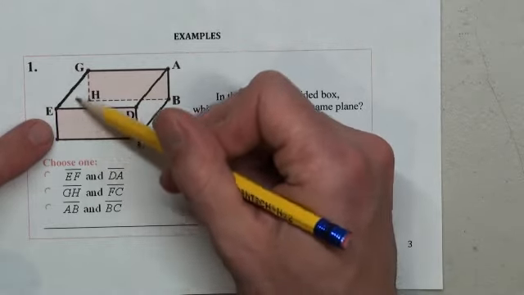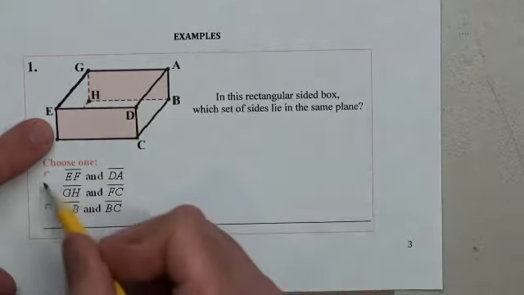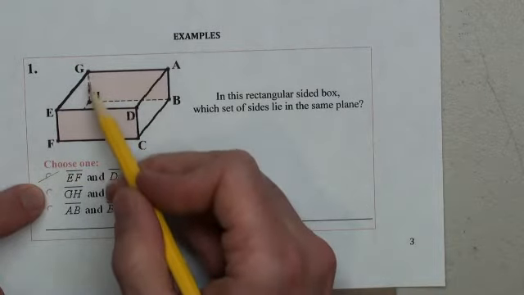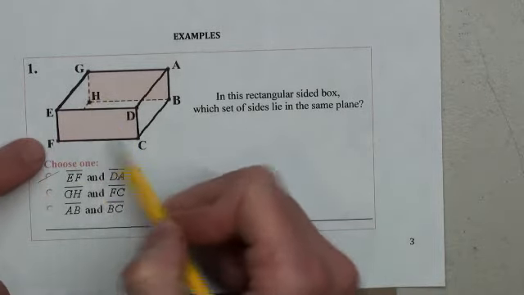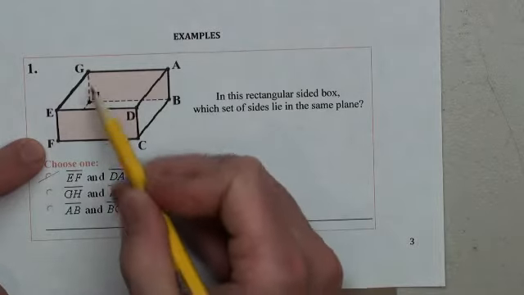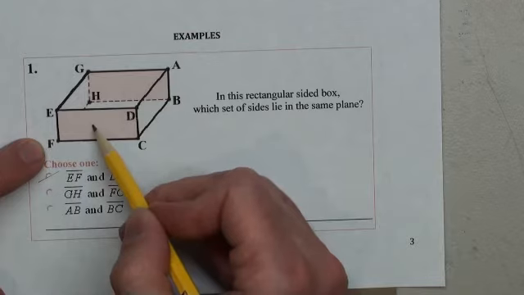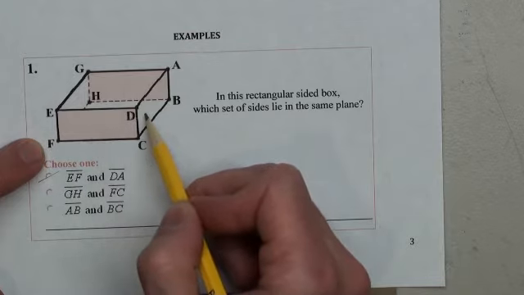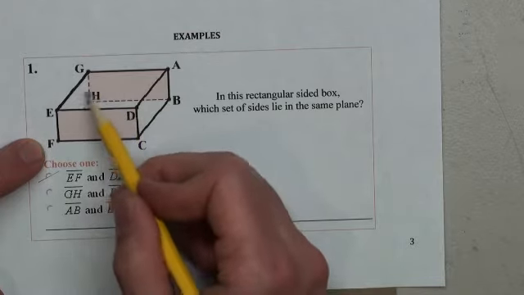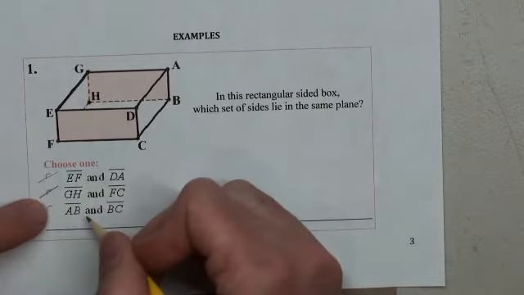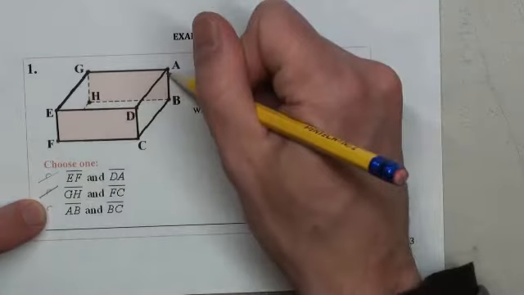So it's not that one. GH and FC. GH is here, FC is here. Those do not lie in the same plane. FC is in this plane, and also on the bottom plane. And GH is on these two side planes. So, not those.